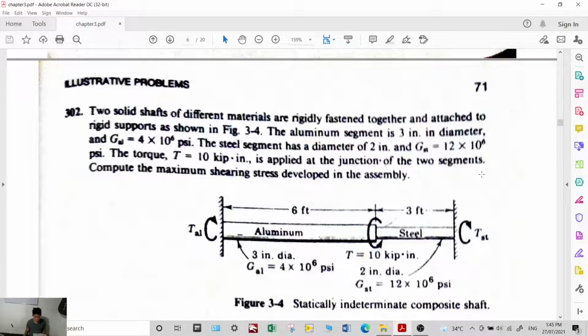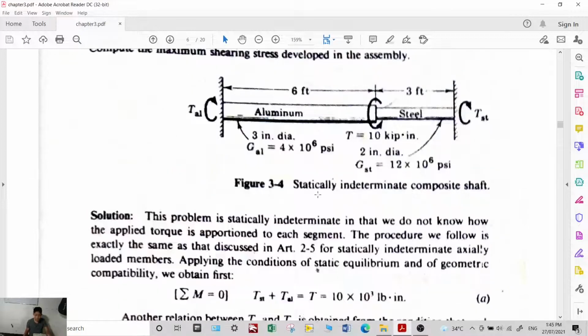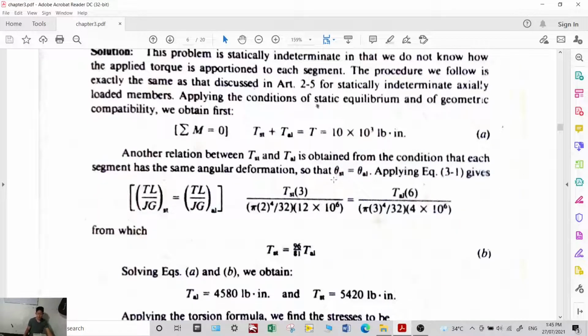So the angular deformation of the aluminum is also the angular deformation of the steel. But the torque is what we are looking for, and the equivalent of the angular deformation is just equal to torque times length over JG. Okay?